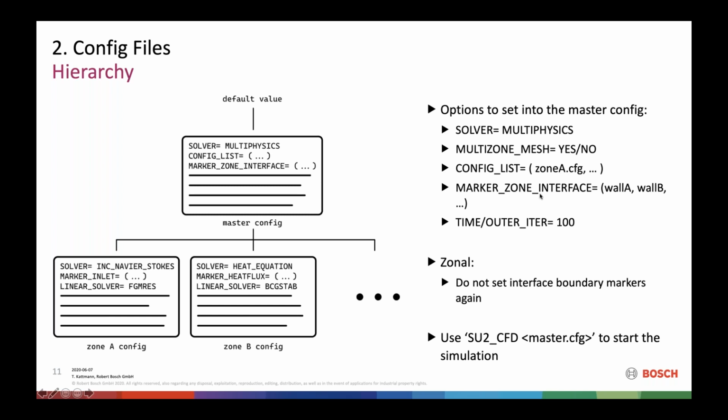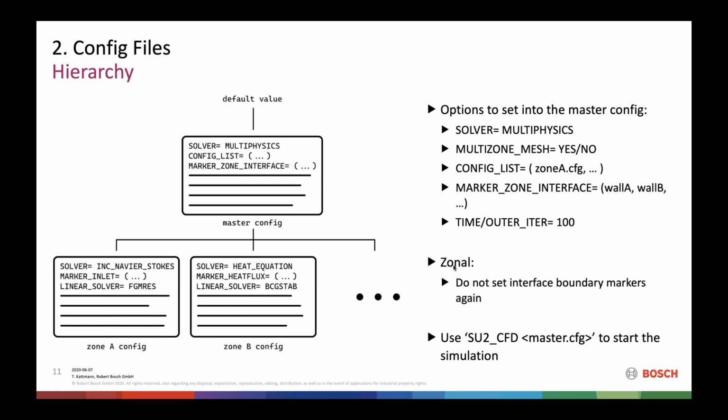And these have to be pairs. So for example, you have one marker in zone A, and it gets its brother wall B or sister. And then you go on and add all the interface marker pairs into that list. And the last thing you have to do is add some information about how many iterations you want to do. And I will cover that point later a bit more in detail.